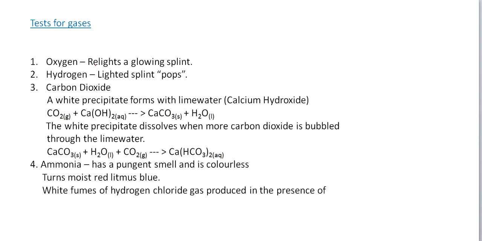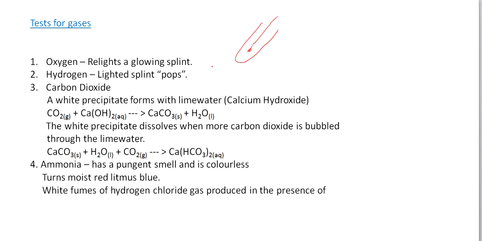Now, how do we test for gases? Now, in the laboratory, you are going to have several experiments over your 2-year period, and you need to be able to test for certain gases. So the test for oxygen gas: if we have a test tube with oxygen gas and we put in a glowing splint, which is just a very tiny piece of wood that is glowing red hot, it will relight.